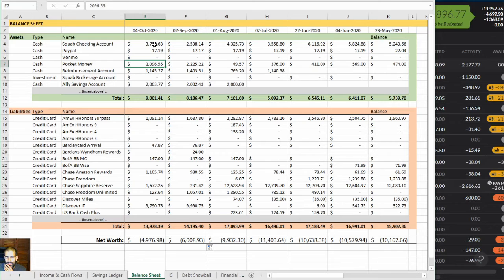So I could just take some of this, because all the big expenses that come out of the checking account are paid at the beginning of the month. So I could take 3,000 and distribute it somewhere else.